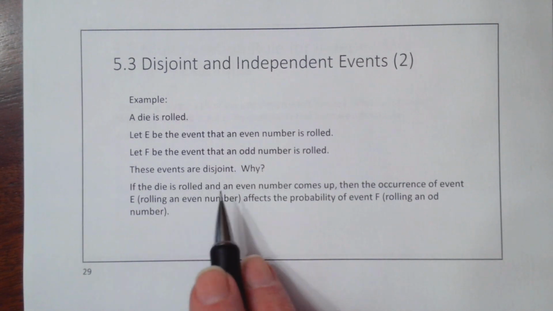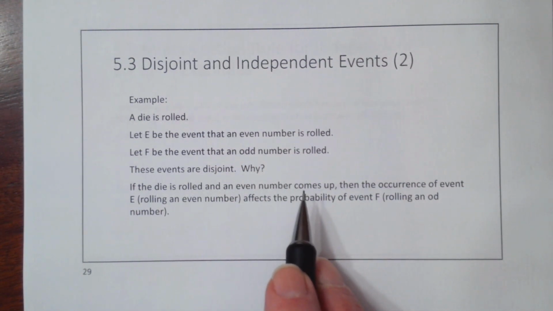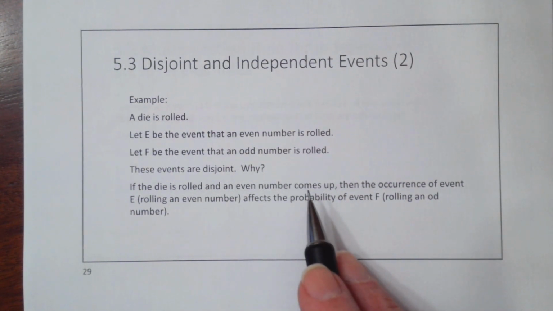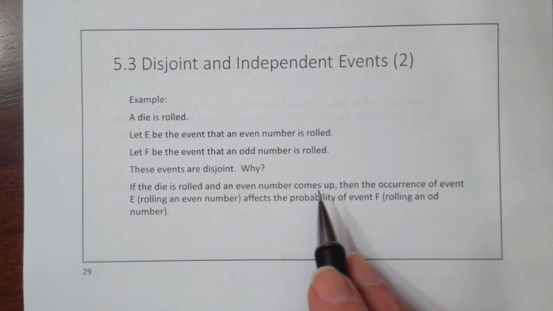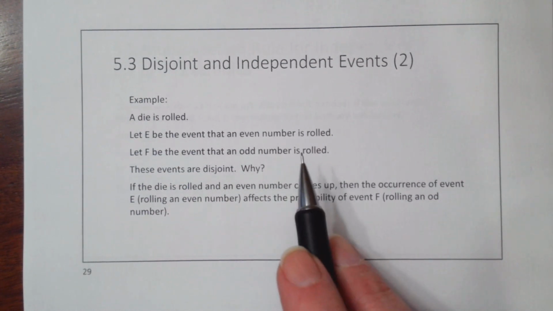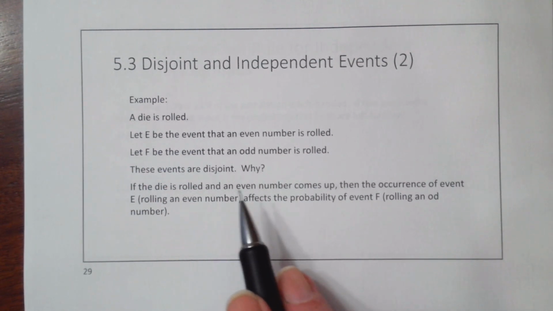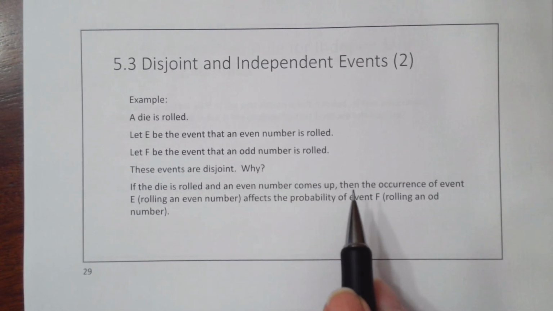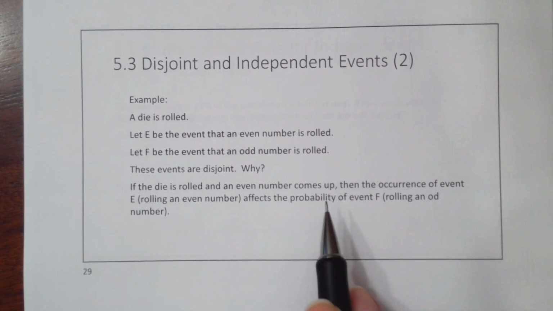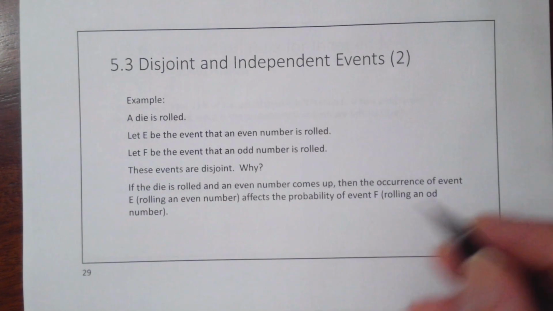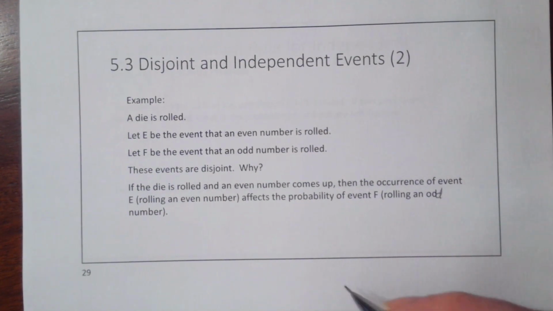However, if the die is rolled and an even number comes up, so basically event E would be the first event, well, that means an even number came up, which means the probability of an odd number being rolled is 0. And so the occurrence of this event has a definite impact on the probability of the second event, rolling an odd number. That should be another D right there.